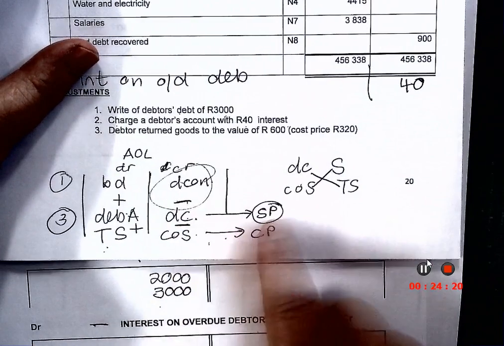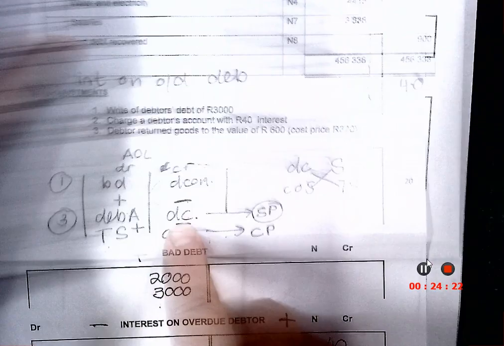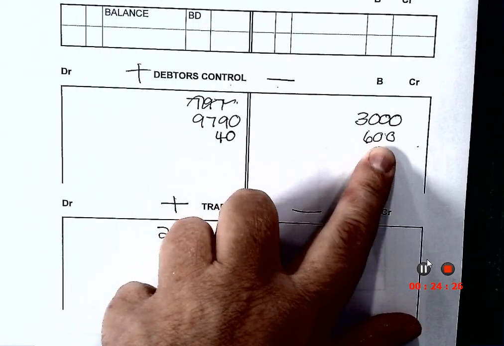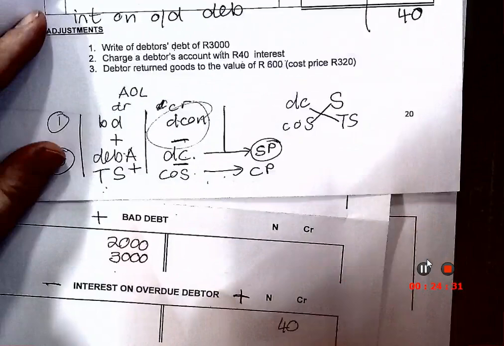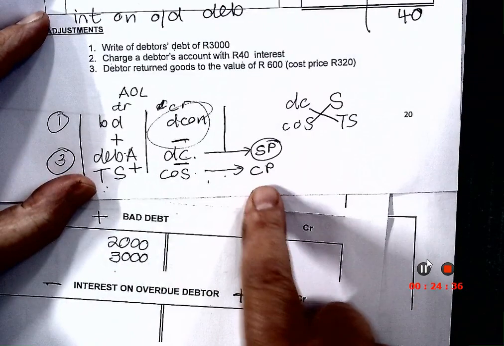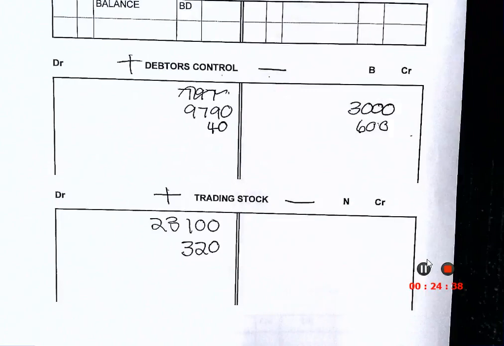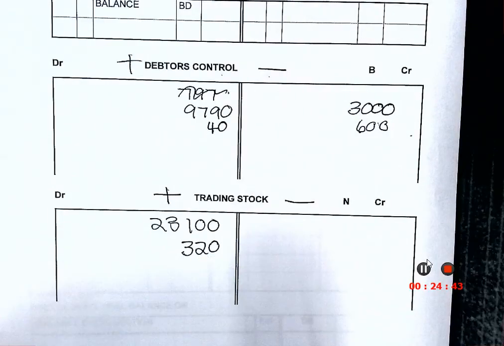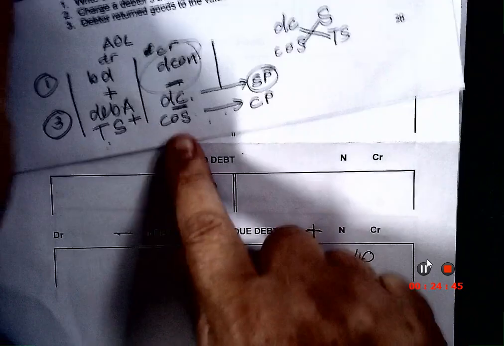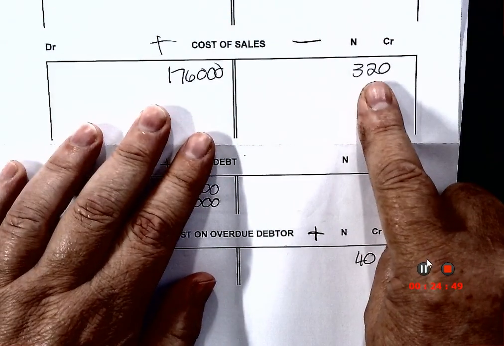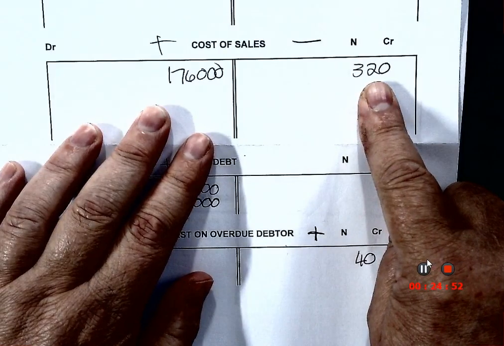So I take the selling price, I write it on the credit side of debtor's control. Okay? Now I look and I see, okay, trading stock is on the debit side. Trading stock, I take the cost price, I write it on trading stock's debit side. Cost of sales is on the credit side, so I go to cost of sales, I write the cost price on the credit side.